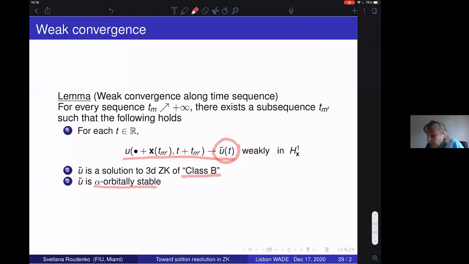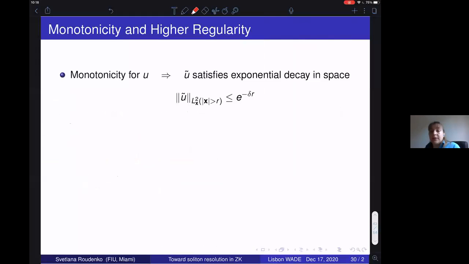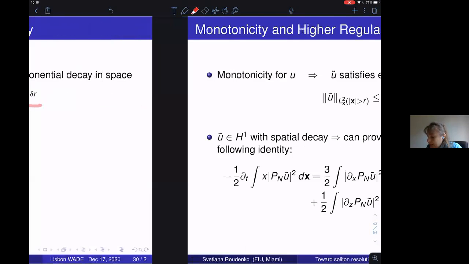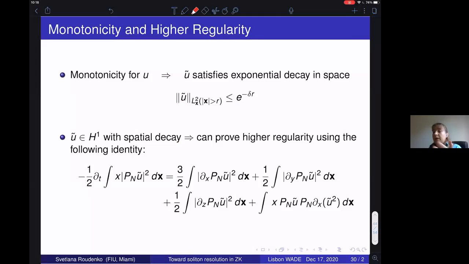Then the tricky part was understanding really the ũ. And what we get is, because we're so close to the soliton, and the soliton has exponential decay, we do have this exponential decay in space. That's the beauty of, I guess, the KdV and Zakharov-Kuznetsov equation. And then with the spatial decay, we apply it in several places.